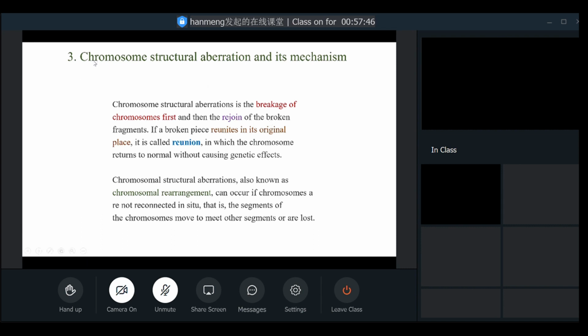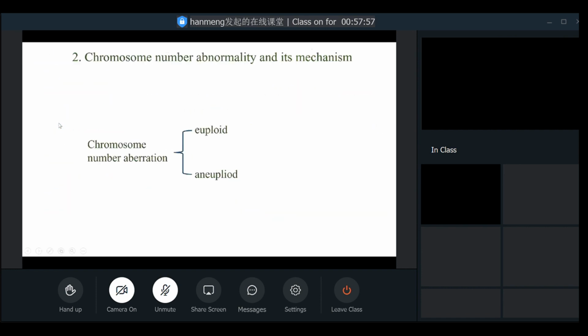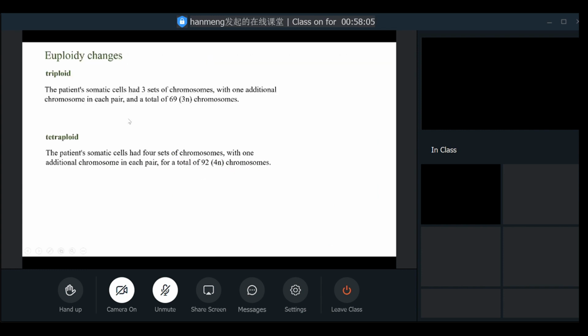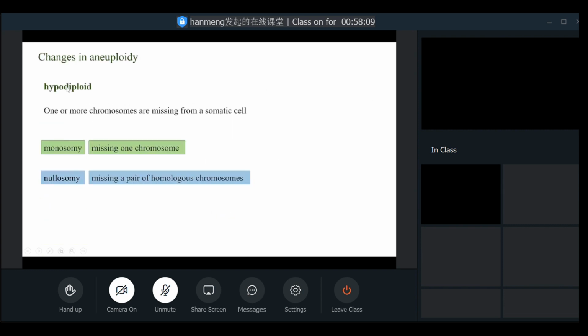Next, we will see chromosome structure aberration and its mechanism. We have learned the number aberrations: the euploid and the aneuploid, the triploid, the tetraploid, and the hyperdiploid.